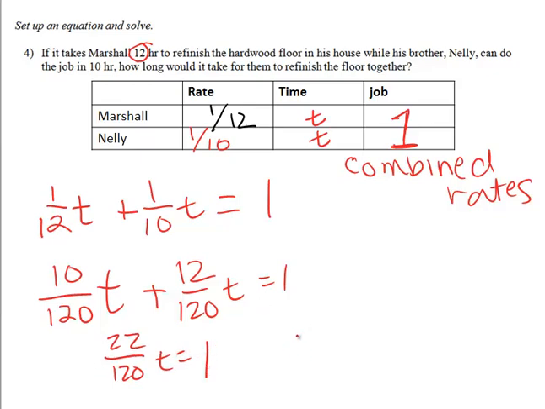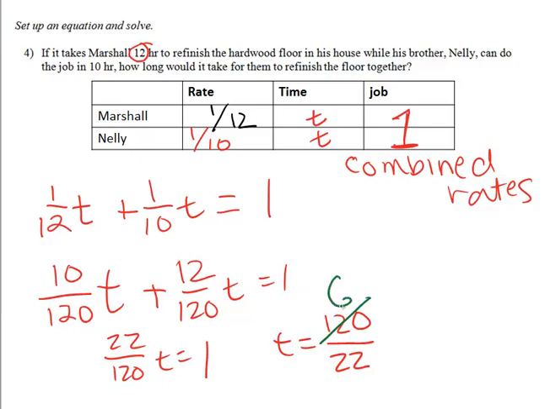Multiply both sides by the reciprocal. I'll have T equals 120 divided by 22. Before I do any fancy division, I'm going to do some canceling. I'm going to divide that by 2 and I'll get 60, and I'll divide that by 2 and I'll get 11. And again, that's an improper fraction.